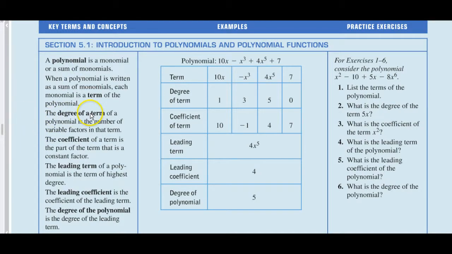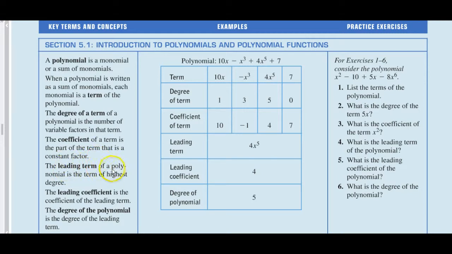Then the degree of the term is the sum of the exponents on the variables. Coefficient is the numerical part that is associated with the variable. It's also considered a constant.